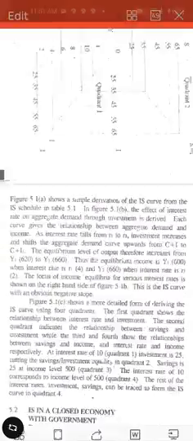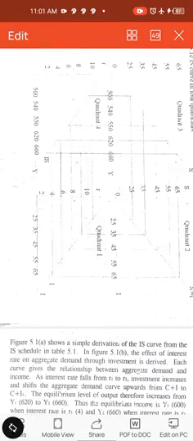If the interest rate is 8, investment is going to be 35. Interest rate is 10%, and in quadrant one the investment is 25.